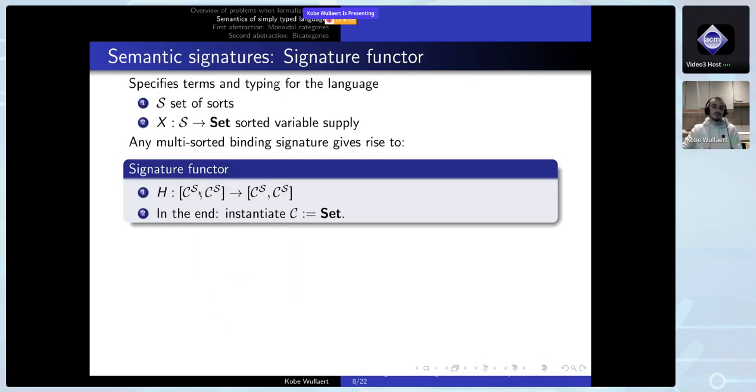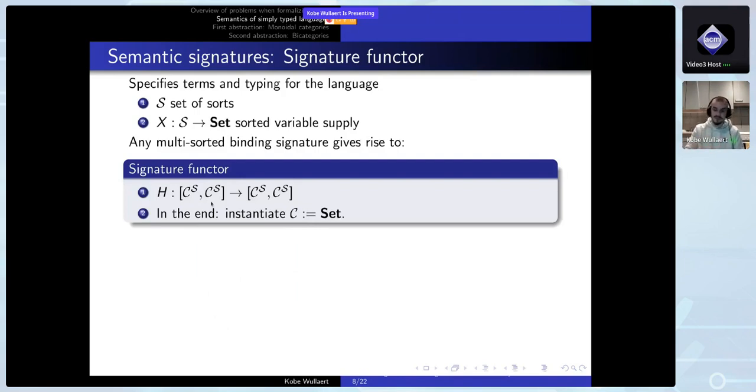And here you already see we worked with an abstract category C. But in the end, we will always instantiate it to the category of sets, or the category of types. And so this signature functor specifies in a way all the constructors, but we want to eventually have the minimal kind of functor that we want to represent.